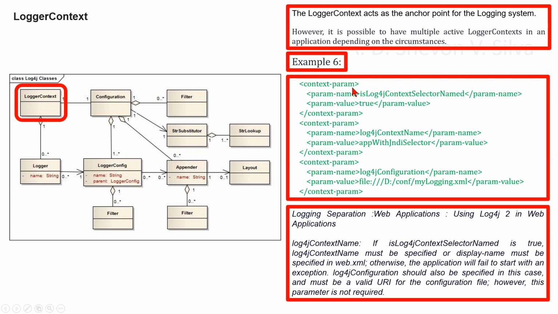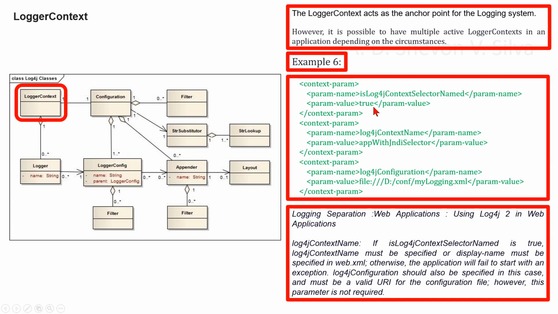First is isLog4jContextSelectorNamed. It specifies whether the context should be selected using the JNDI context selector. If isLog4jContextSelectorNamed is not specified or is anything other than true, it is assumed to be false.